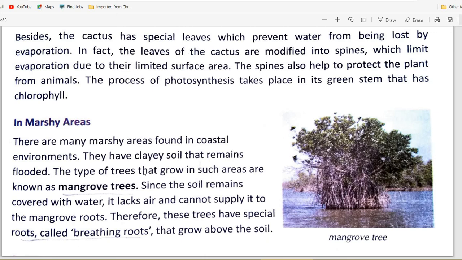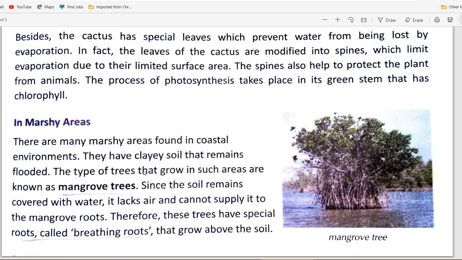So their breathing roots come out and the plant will survive in this type of environment. So these type of plants are called mangrove plants.